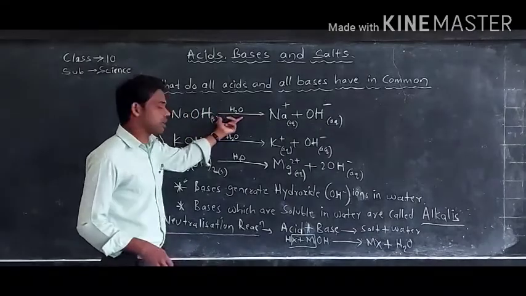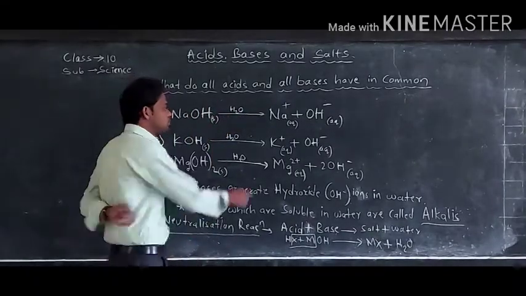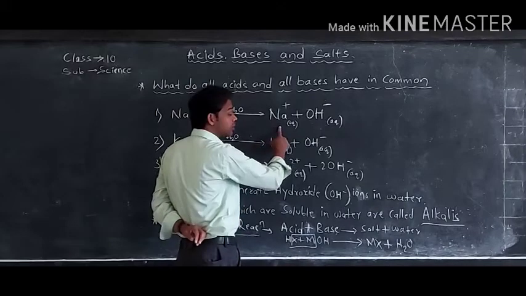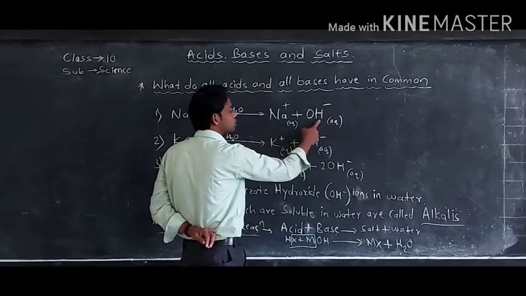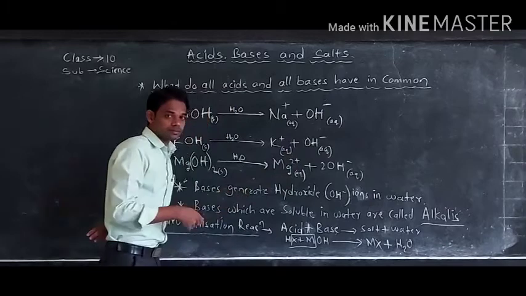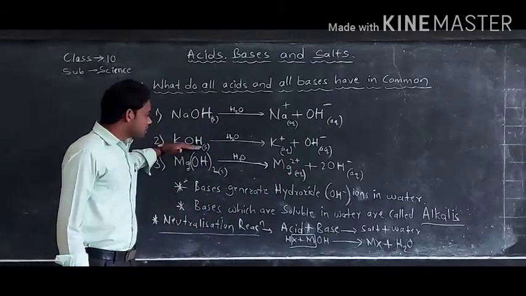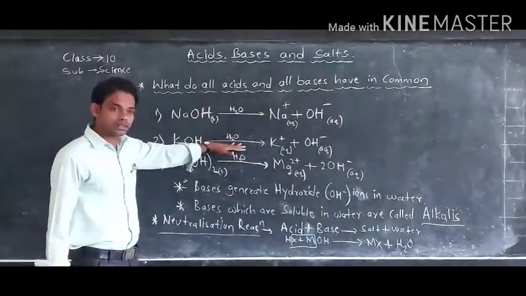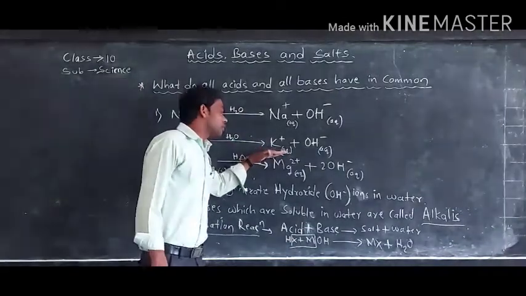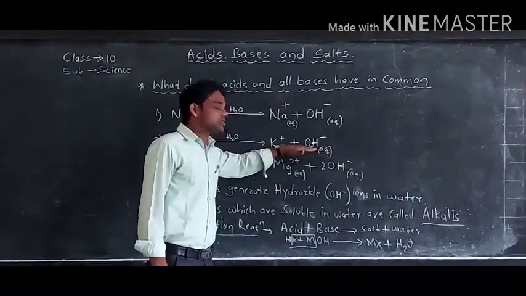When it dissolves in water, what happens? It produces aqueous sodium as well as aqueous hydroxide OH. Second, potassium hydroxide, when dissolved in water, produces aqueous potassium and aqueous hydroxide.